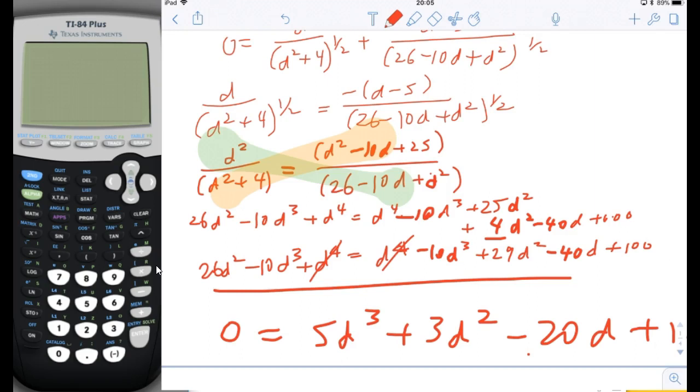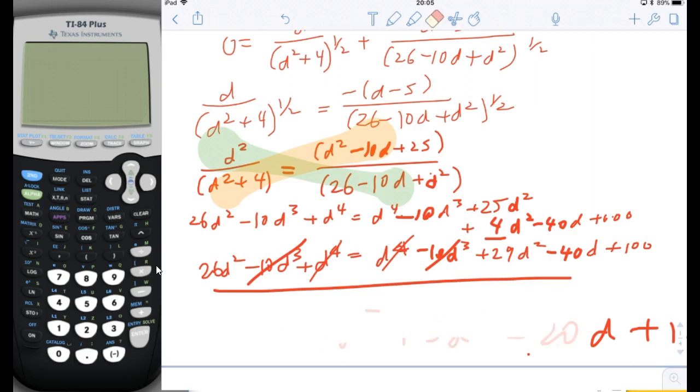We can take out the minus 10d cubed because we have minus 10d cubed on both sides. Then we are left with just a few terms, which would be, let's see, 0 equals, and then we'll have 26d squared. We can subtract that from the left side and the right side, so we'll end up with 3d squared minus 40d plus 100.